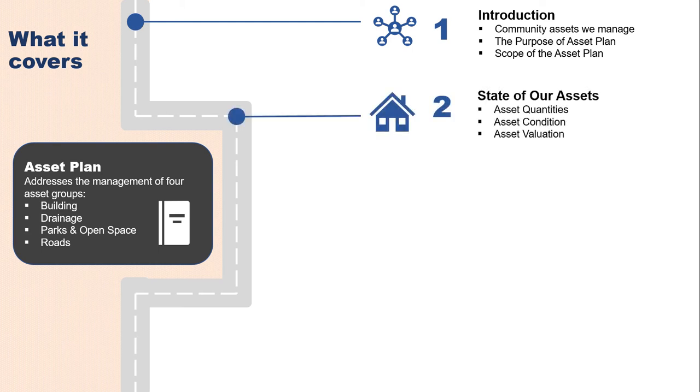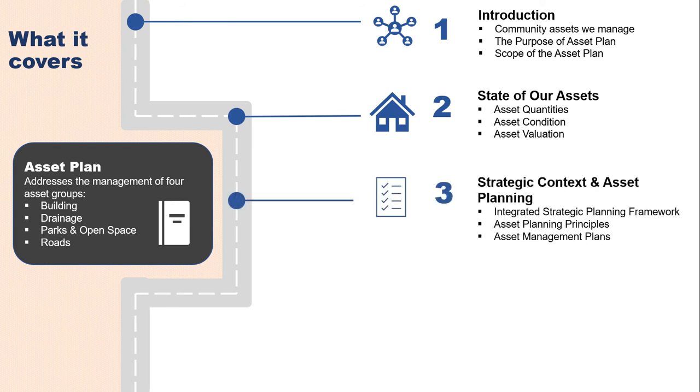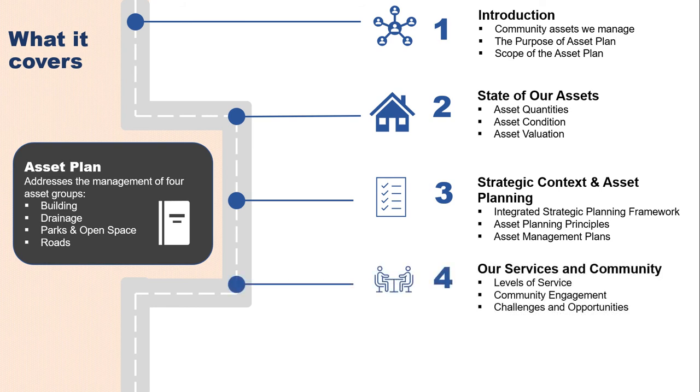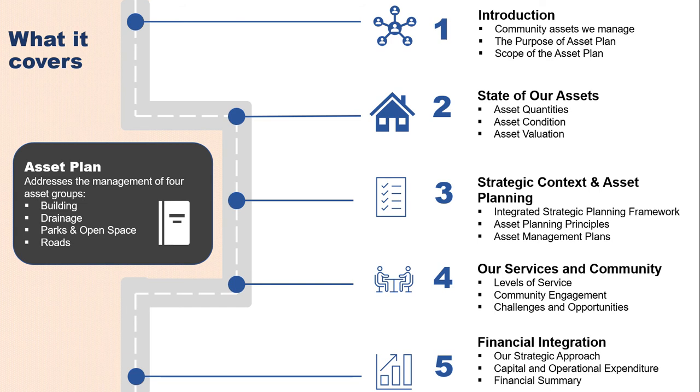It showcases the state of our assets, including quantities, condition, and valuation. Then it demonstrates how the asset plan is integrated with the strategic context within Council. And it highlights information about levels of service and the challenges and opportunities we face in the coming years. Lastly, it also provides a financial summary of the capital and operational expenditure.